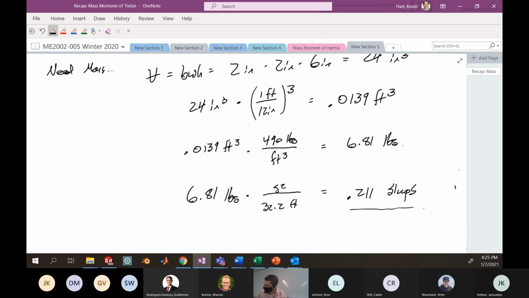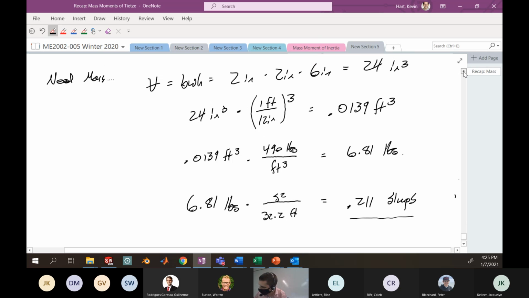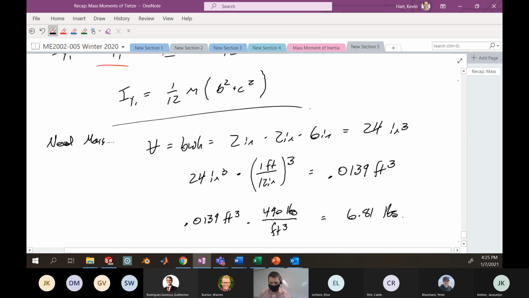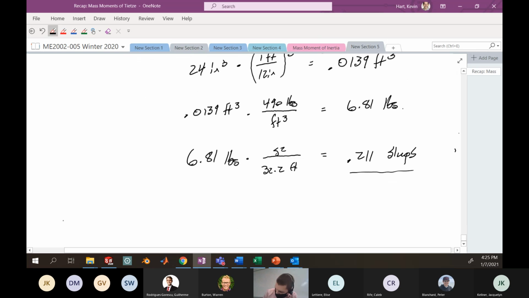Okay, so we're ready for the calculation of the mass moment of inertia of object number 1 here. 1/12 times the mass, 0.211 slugs, multiplied by this geometric constant that we need to keep things straight.